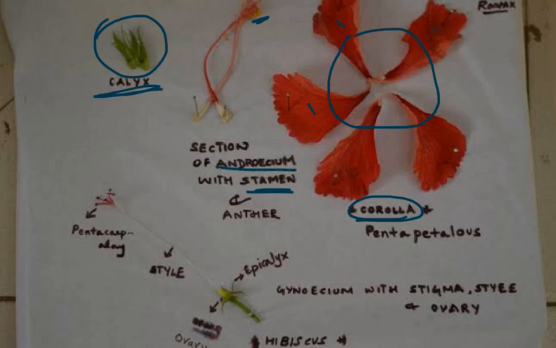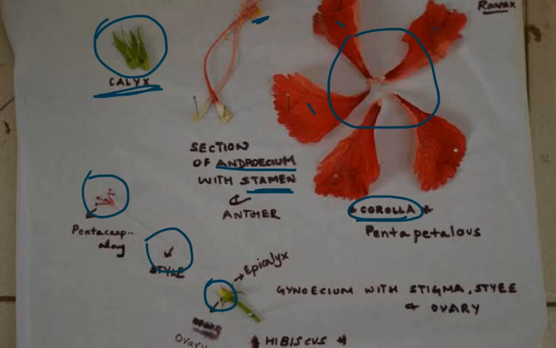Then the female part of a flower is called pistil, and pistil consists of three parts: the ovary, the style, and the stigma. Ovary contains ovules which develop into seeds, and stigma is very sticky to receive the pollen grains for fertilization.